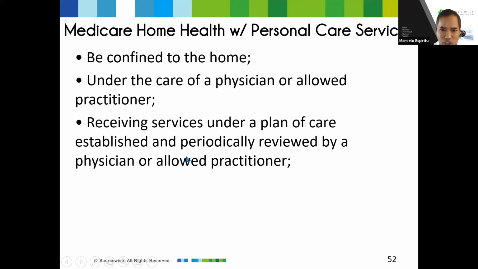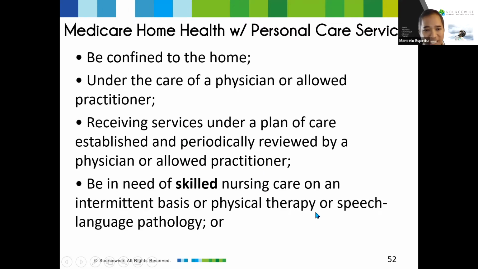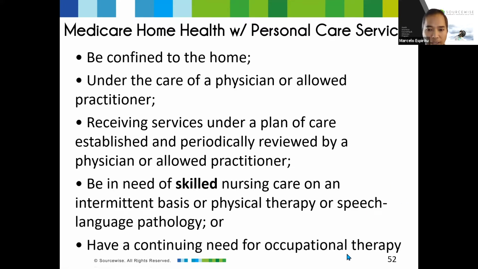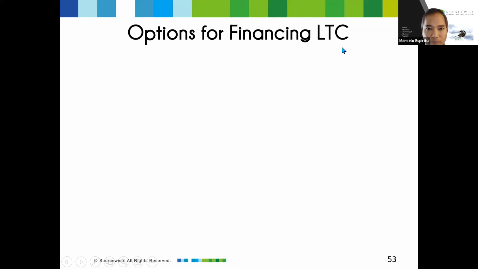You have to be receiving services under a plan of care periodically reviewed by the physician or allowed practitioner. And you have to be in need of skilled nursing care on an intermittent basis, or physical therapy or speech language pathology, or have a continuing need for occupational therapy. So if all those criteria are met, and personal care services are required, then Medicare may chip in.